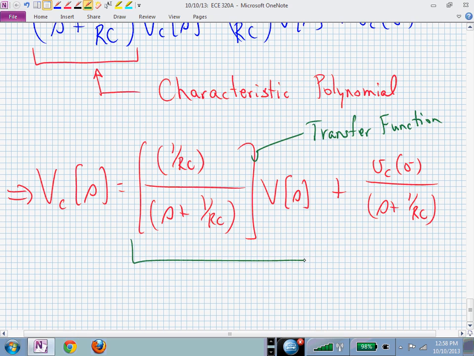Last time, I believe, we identified these different pieces. This, we said, was the piece of our response that's being forced by the input, capital V of s. And the second term is due to our initial condition.